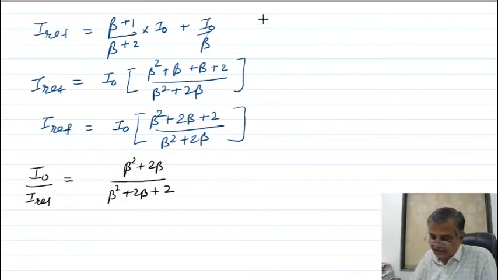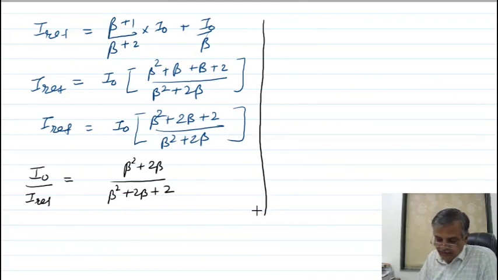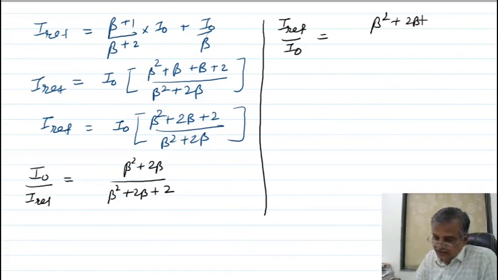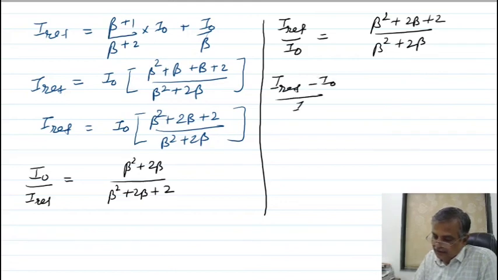Or you can write I reference upon I0 is equal to beta square plus 2 beta plus 2 upon beta square plus 2 beta. So I can write I reference minus I0 upon I0 is 2 upon beta square plus 2 beta.